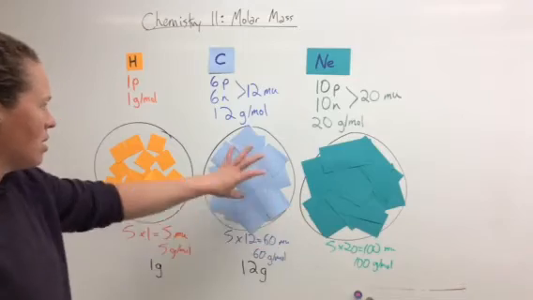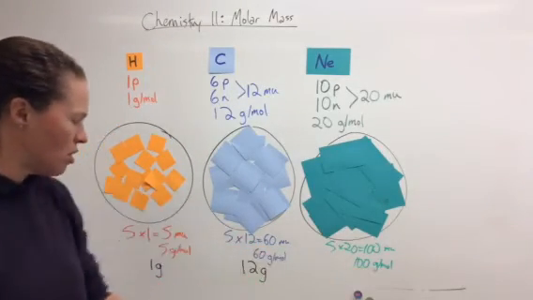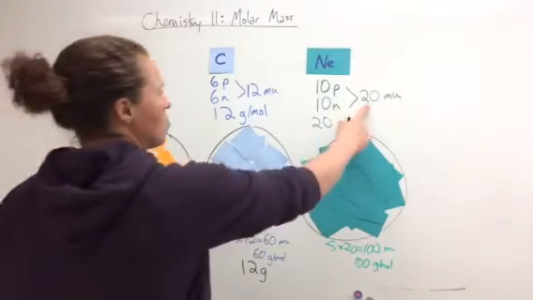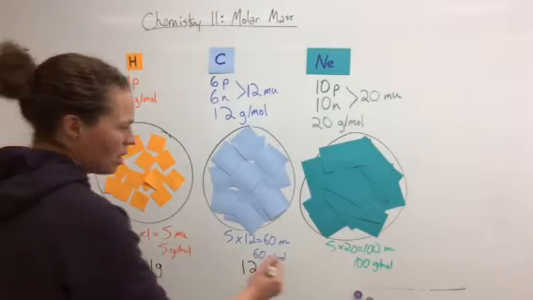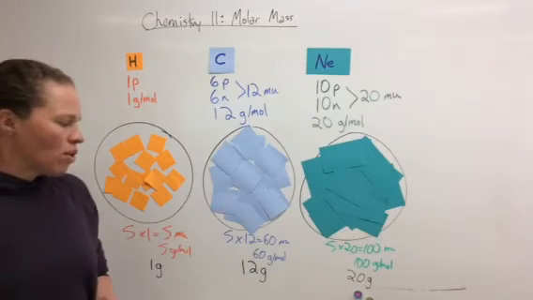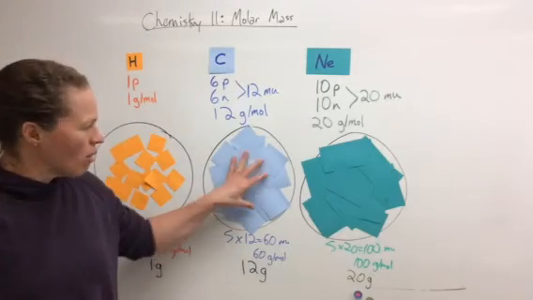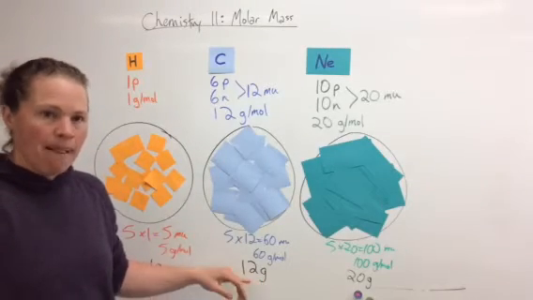Same number of neons as I have carbons as I have hydrogens, so they should follow the same ratio. And my ratio was 20 to 1 here. So if this is 1, then this is 20 grams. So the whole mole concept is basically based around how many of these is in 12 grams.